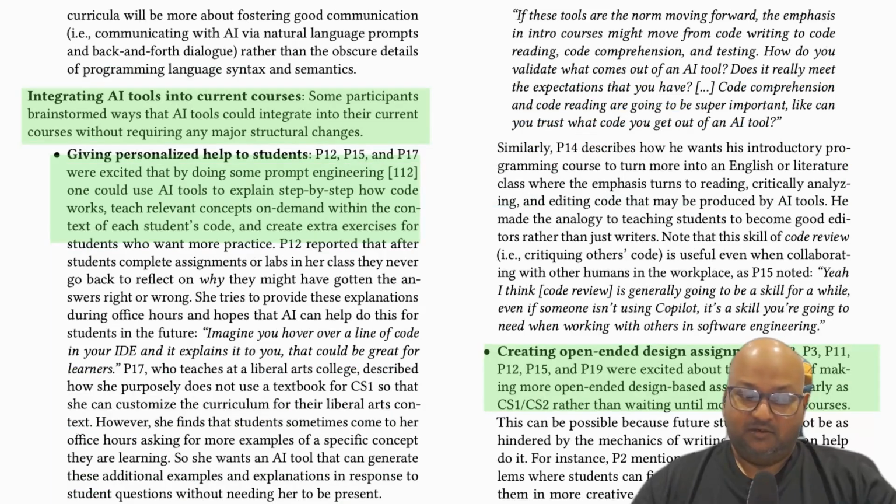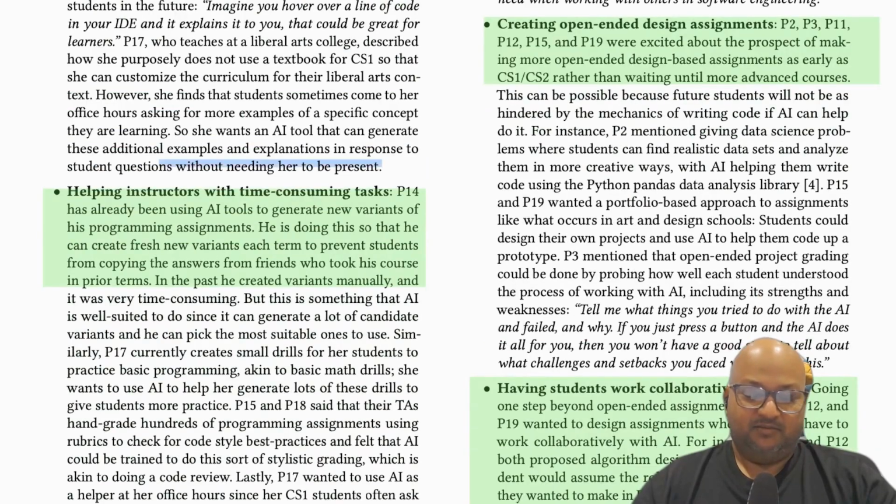These tools would also help instructors because they're really good at explaining code. They can critique code. So they would be like a source of personalized assistance to these students. It can also help instructors. They can use these tools to generate new programming problems or variants of programming problems.